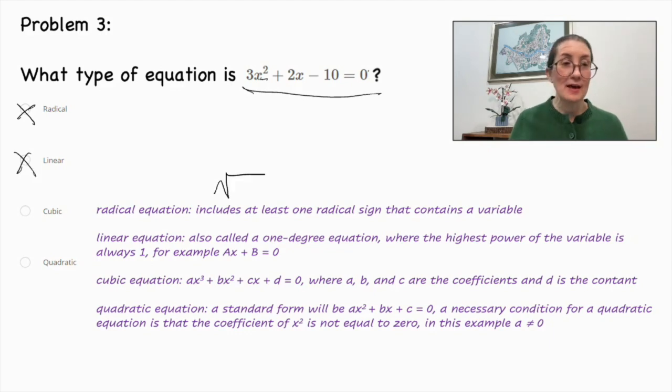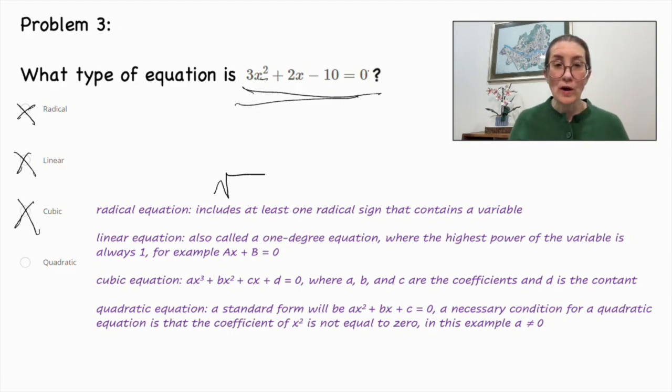We can eliminate that. A cubic equation is ax cubed plus bx squared plus cx plus d equals 0, where a, b, and c are the coefficients and d is the constant, but there is no cube in ours, so it is not a cubic either.